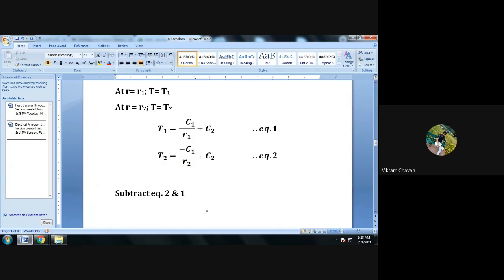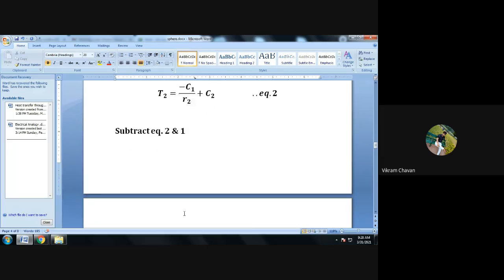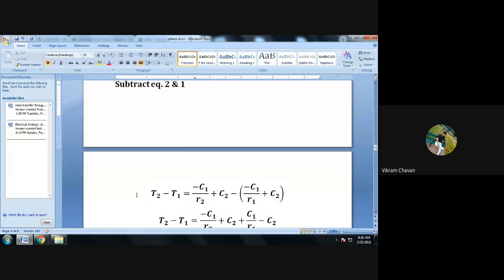So T2 minus T1. We have to subtract equation 1 from equation 2, so T2 minus T1. We'll get the equation after subtraction as T2 minus T1 is equal to minus C1 divided by R2 plus C2.